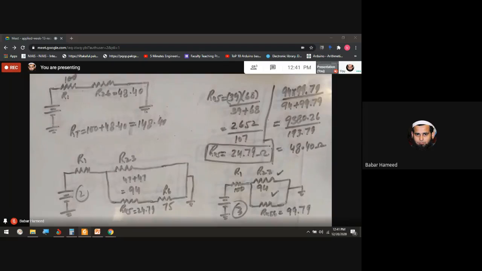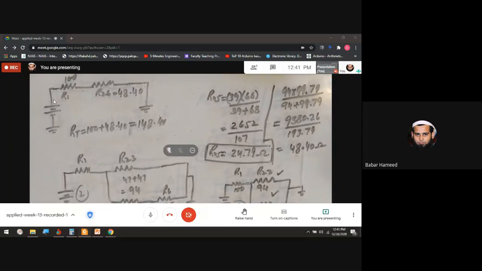Now, I am moving towards another important part, how to calculate total current. Now, we can improvise this circuit by taking this voltage source as 30 volt, and we have calculated total resistance. Then we can calculate total current. Let's have a look.